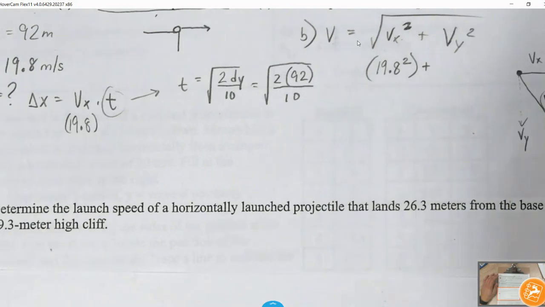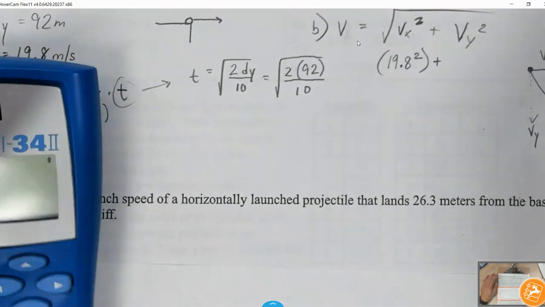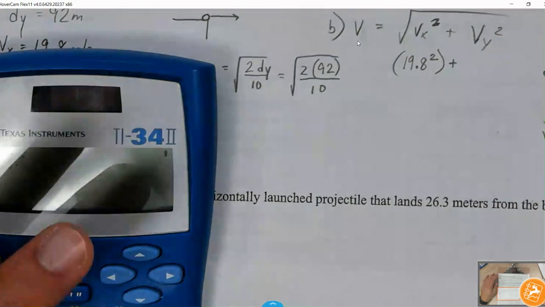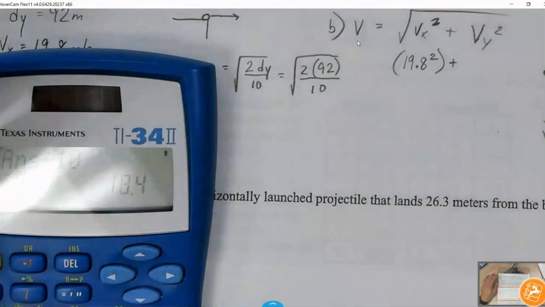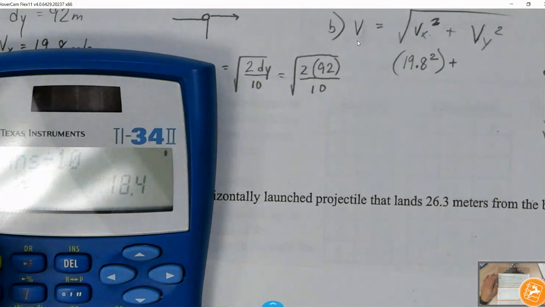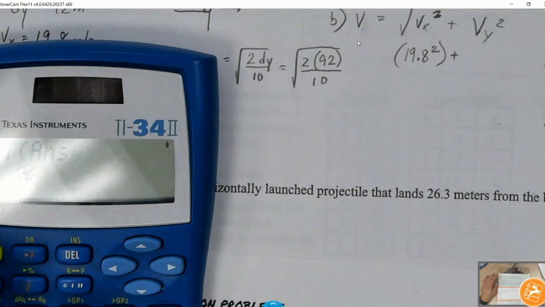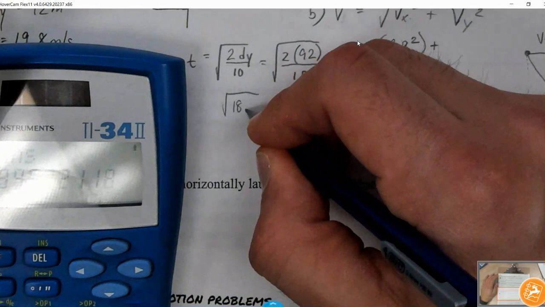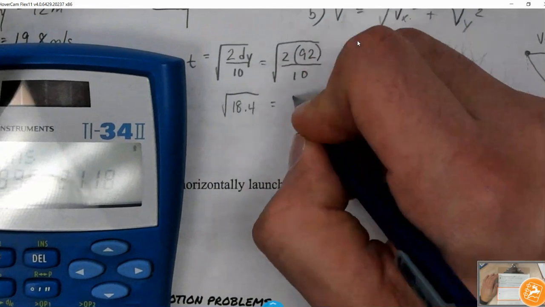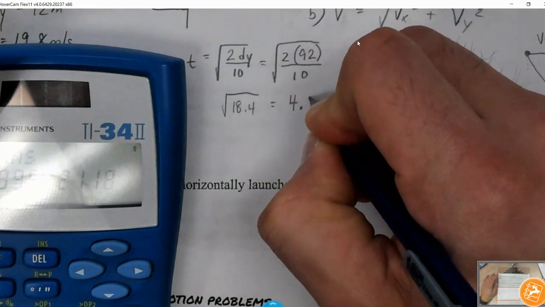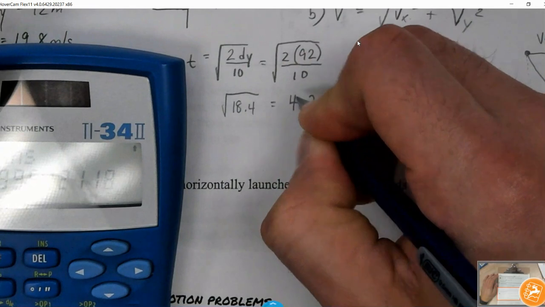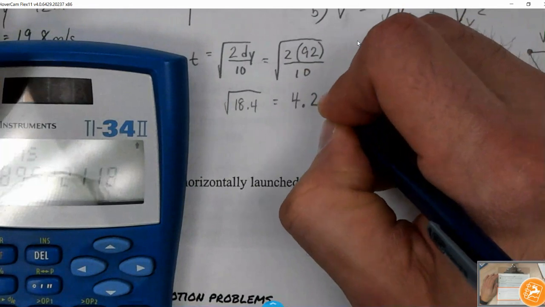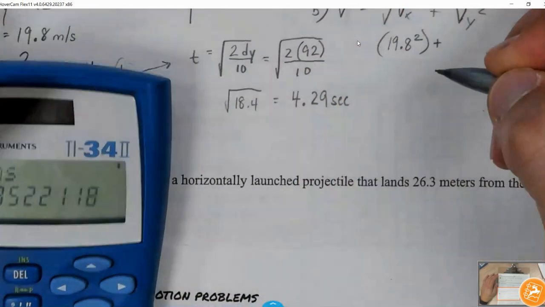Do that in a calculator: 2 times 92, then divide it by 10. Get 18.4, and then you have to square root that answer. And you're going to get 4.289, so we'll call it 4.29 seconds.